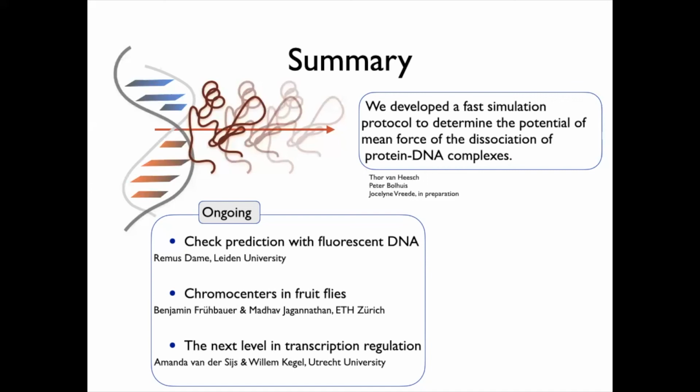That seems to match nicely with the predictions that they did using this particular algorithm. And together with people at Utrecht University, they're actually looking at this experimentally. So they basically look at the products of genes of transcription and how this is modulated by HNS.